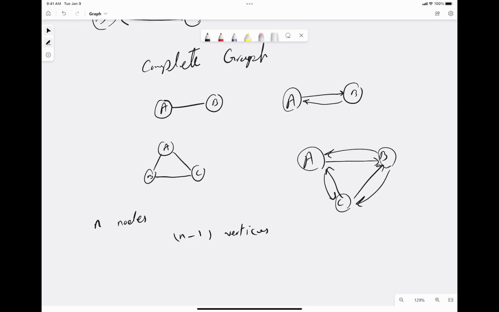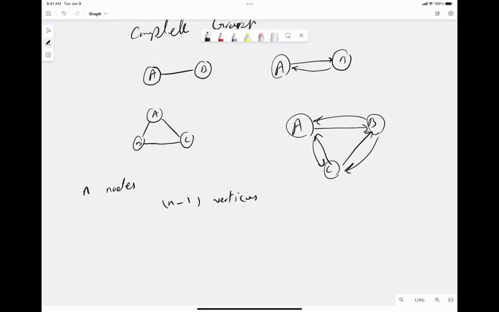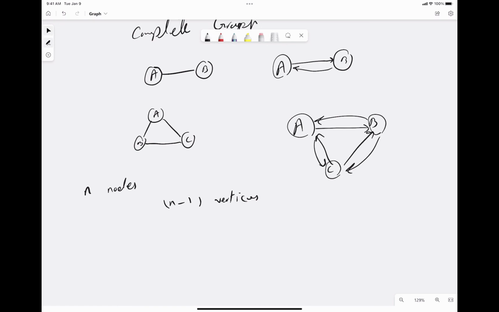So if one node is connected to n minus one vertices, then the total number of edges will be n times n minus 1, because that's for every node that we have.